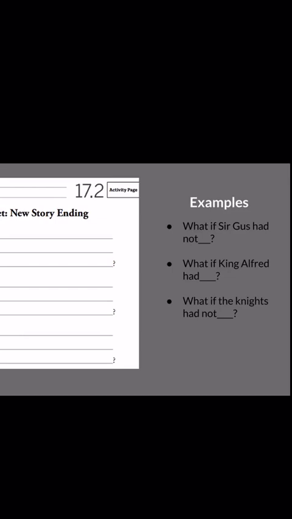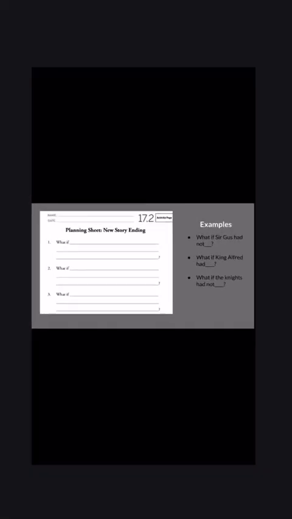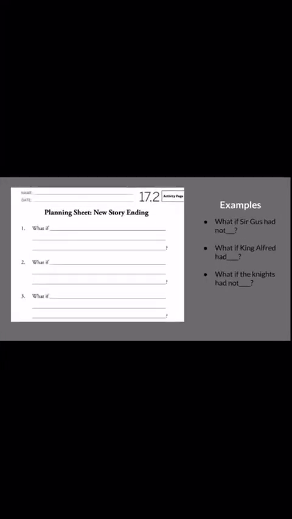You don't have to use them. And then what if the knights had not blank? What is that something? You're going to plug that in. Like I said, these are just examples. You don't have to use them. Please use your what if planning sheet and then take a picture and send it to me.